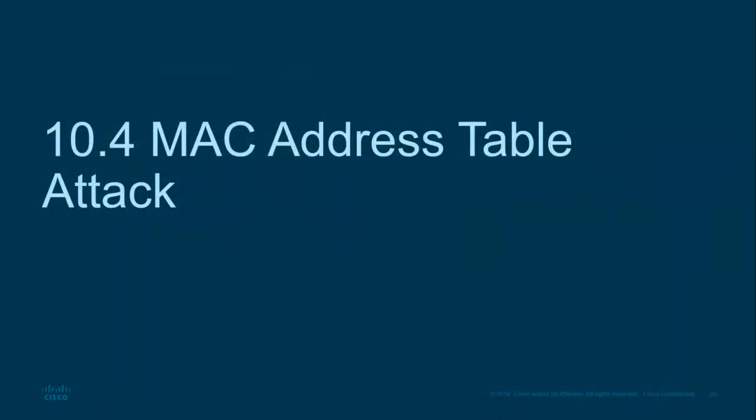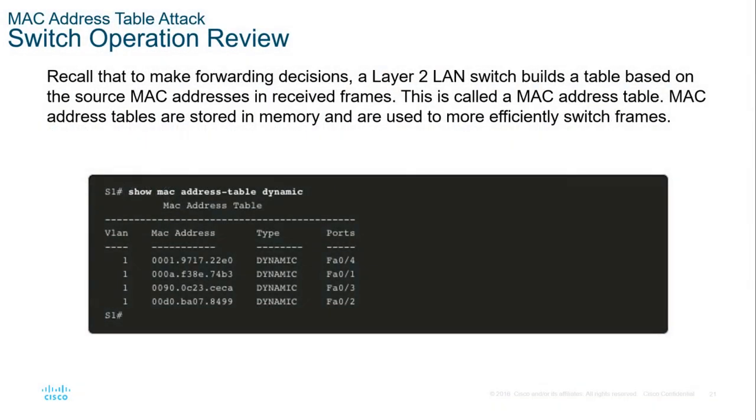So we have the MAC address table attack. Recall that to make forwarding decisions, a layer 2 switch builds the MAC address table, based on the source MAC addresses in received frames. This is called the MAC address table.